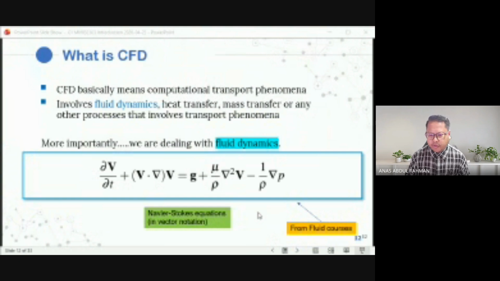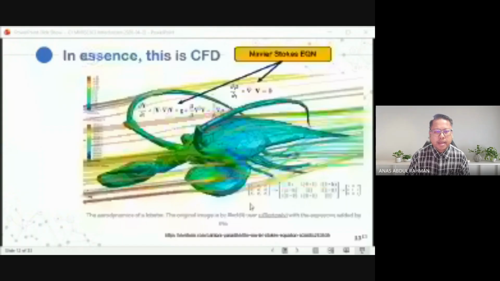Any fluid phenomena can be dealt with by using the Navier-Stokes equations, and these are the main equations behind the CFD software or CFD tools that you are going to use in the lab. So in a sense, this is basically CFD.